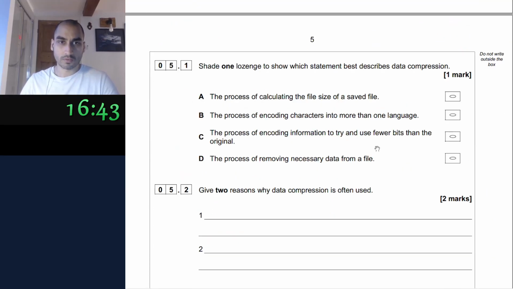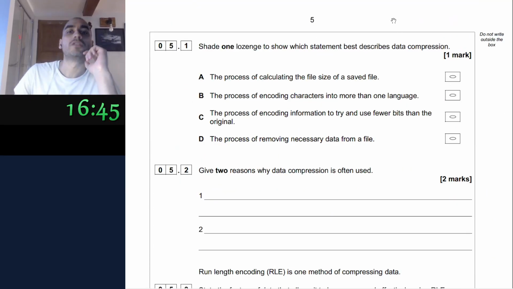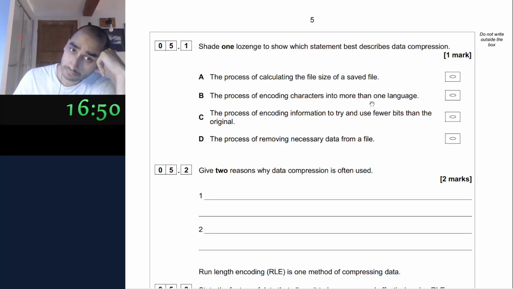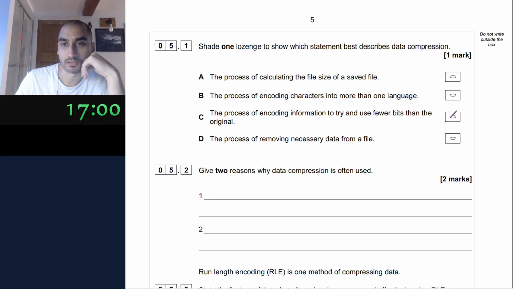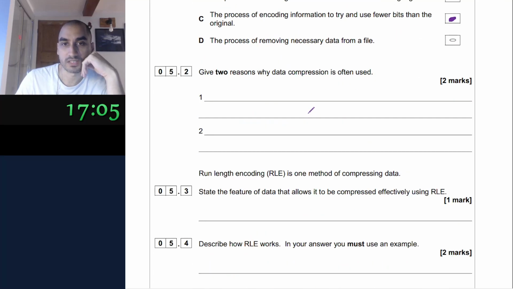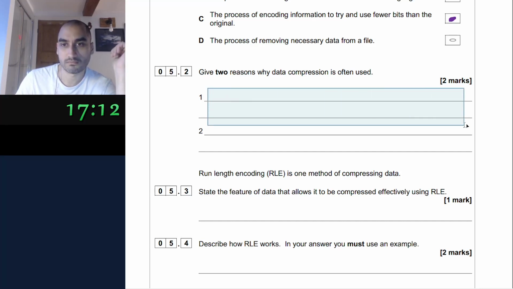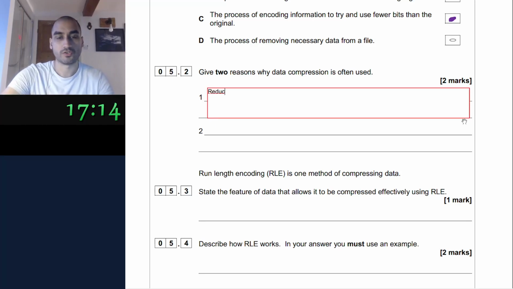Shade 1 lozenge to show which statement best describes data compression. The process of encoding information to try and use fewer bits than the original. Give 2 reasons why data compression is often used. Reduce storage space.